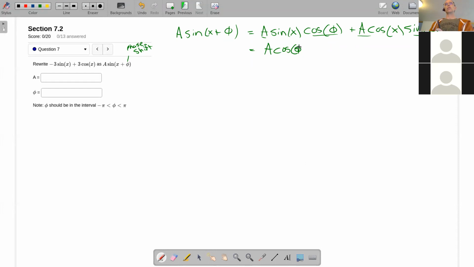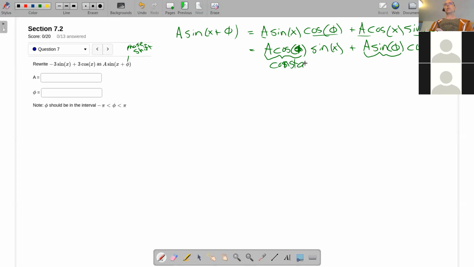Phi. There we go. Sine of x, and then we have plus A. I'm just going to rewrite this, the constants first, cosine of x. And again, these guys right here are just some constants.